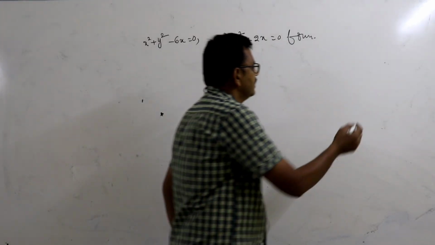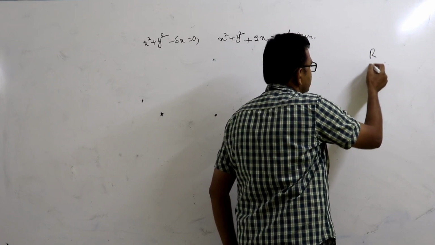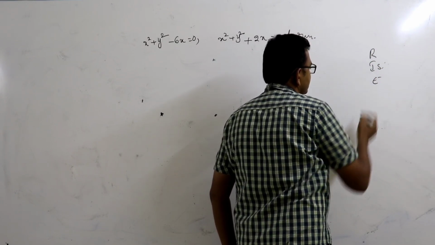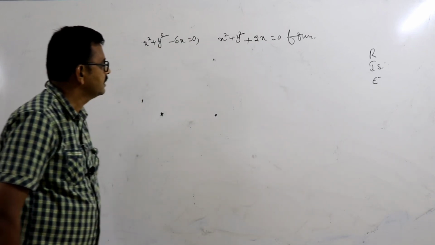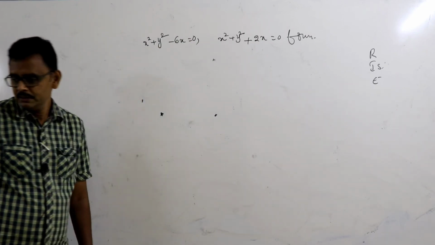Options are right angle triangle, isosceles triangle, equilateral triangle.